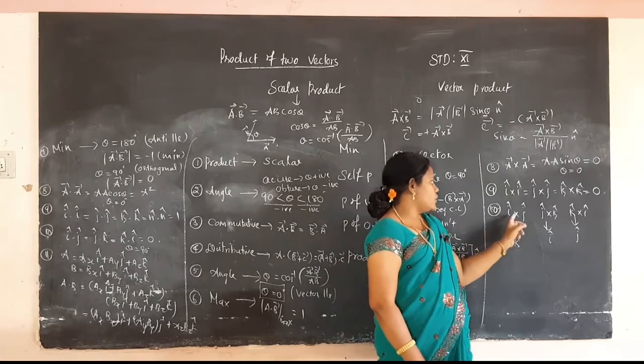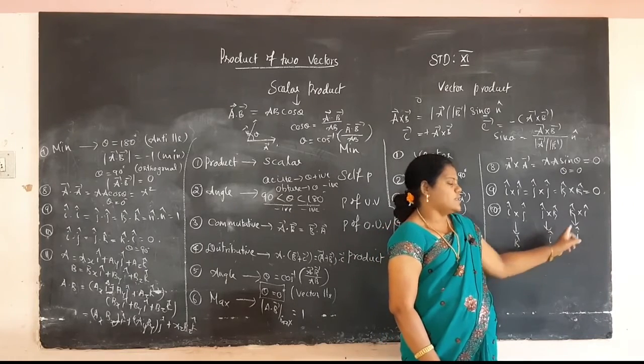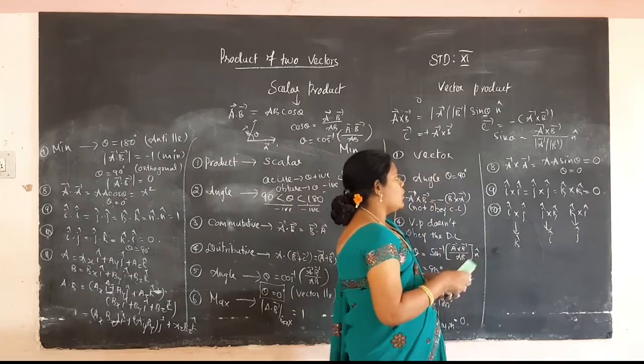Okay, so I cross J is equal to K, J cross K is equal to I, K cross I is equal to J. But it will be in the opposite.